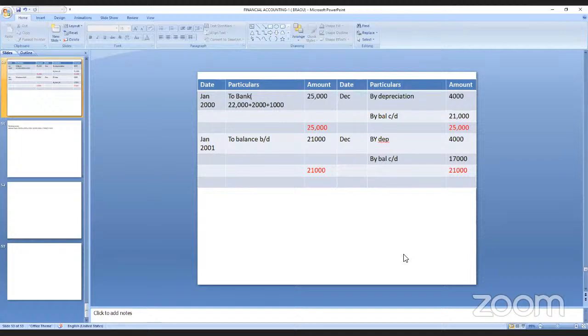Purchases, debit. Sundry creditors, debit or credit? Very good. Furniture and fixtures, a fixed asset, so debit side. General expenses, debit. Return inwards, you are getting inward, that is debit, not credit. Inward, outward is credit. Postage and stationery, debit. Discount allowed, debit side you'll write. Discount received, credit side.